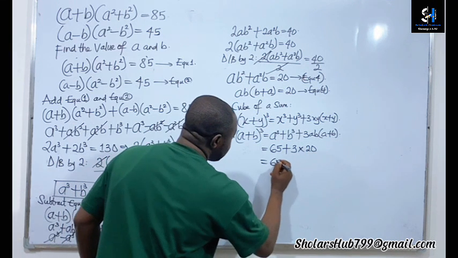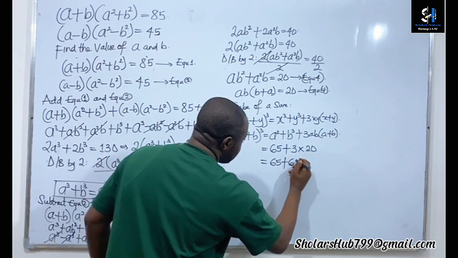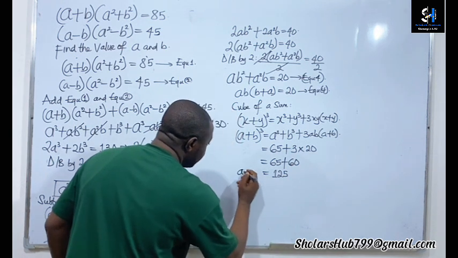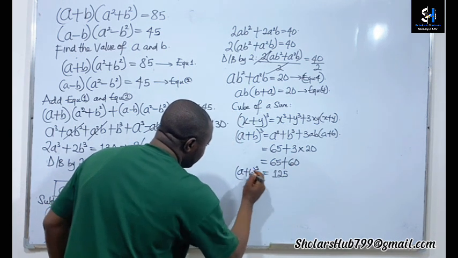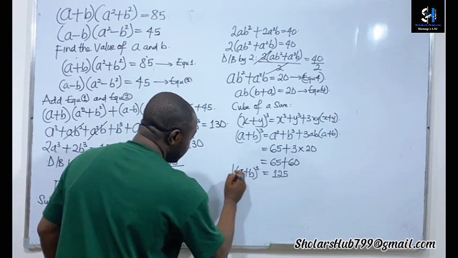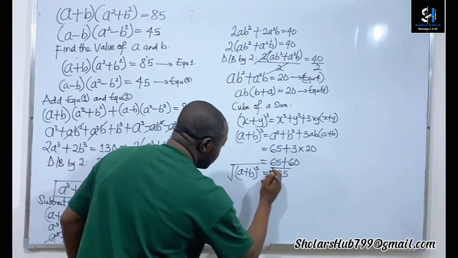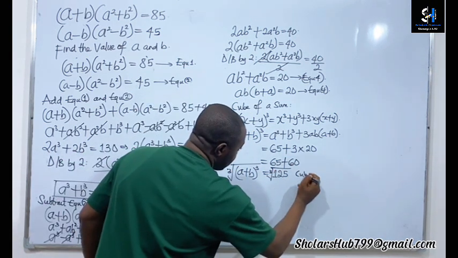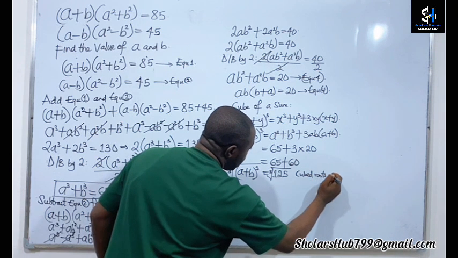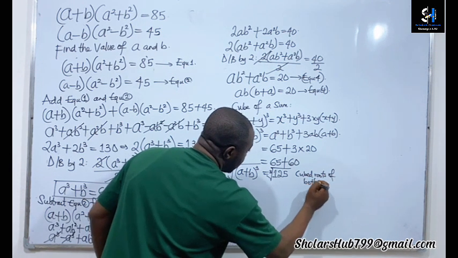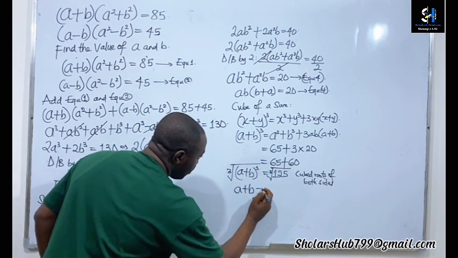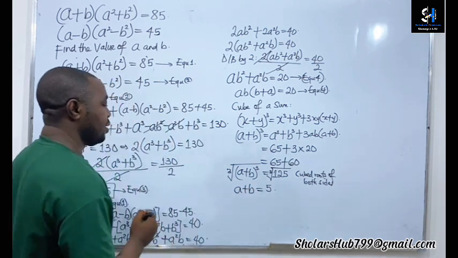This will be 65 plus 60, which is 125, and that equals (a + b) cubed. If we take the cube root of both sides, this reduces to a plus b equals 5.